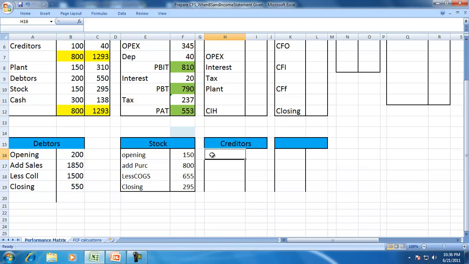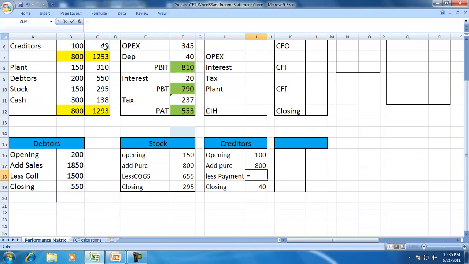Why is it necessary? It will be useful when I see the opening creditor. The opening creditor was 100. Add purchases, which we just got, that is 800. Less payment will give me the closing. Closing is already there, 40. What does it mean?